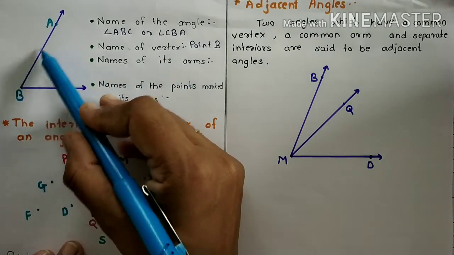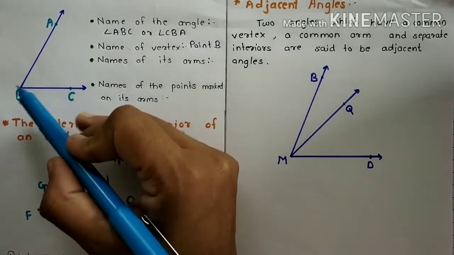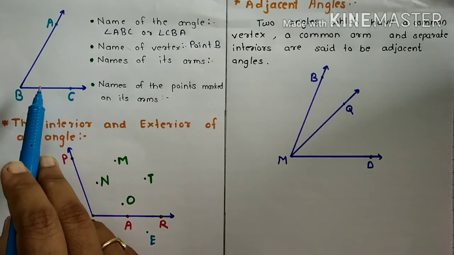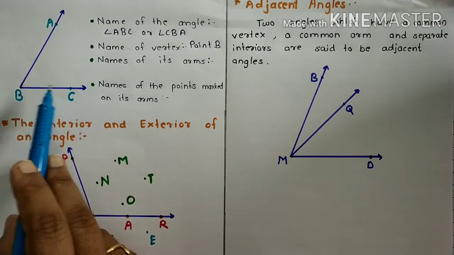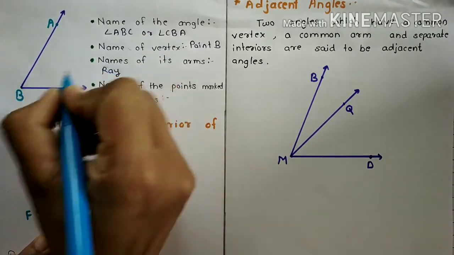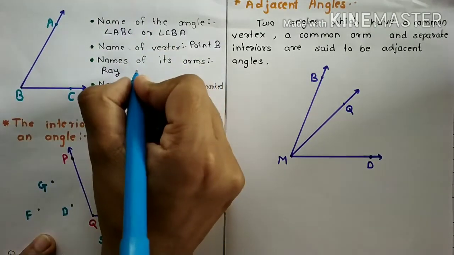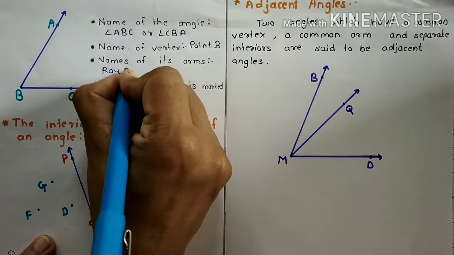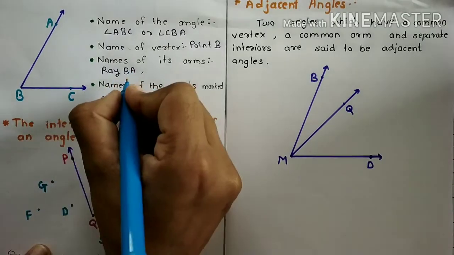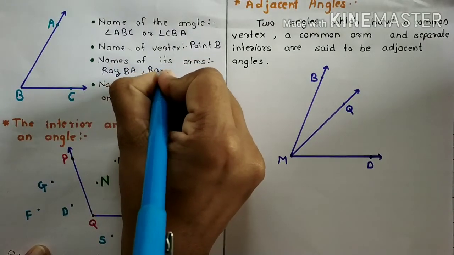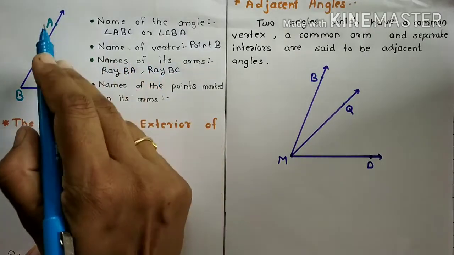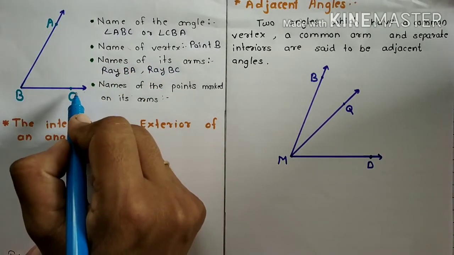Arms means these two rays, ray BA and ray BC. These are the arms of this angle ABC.